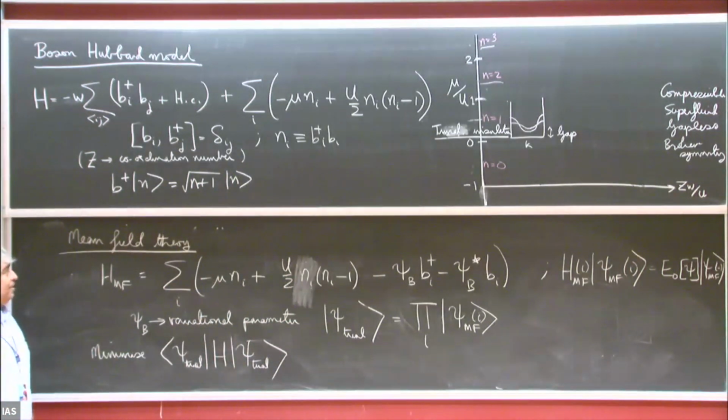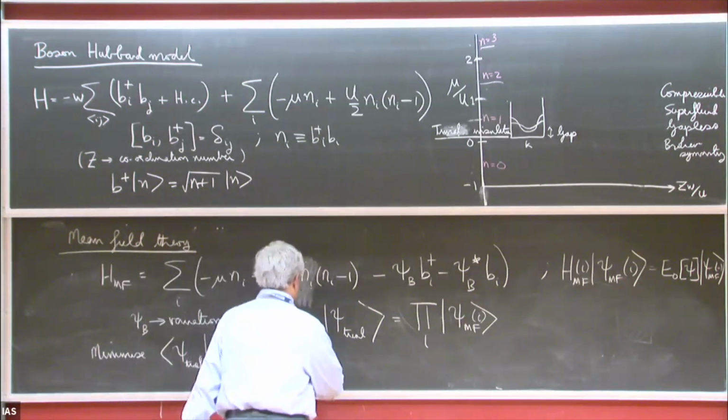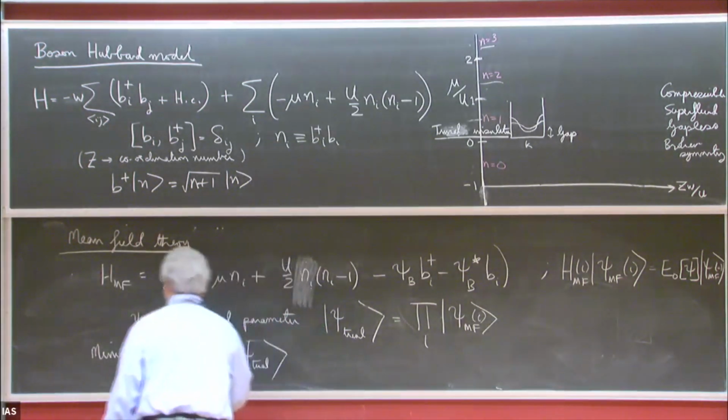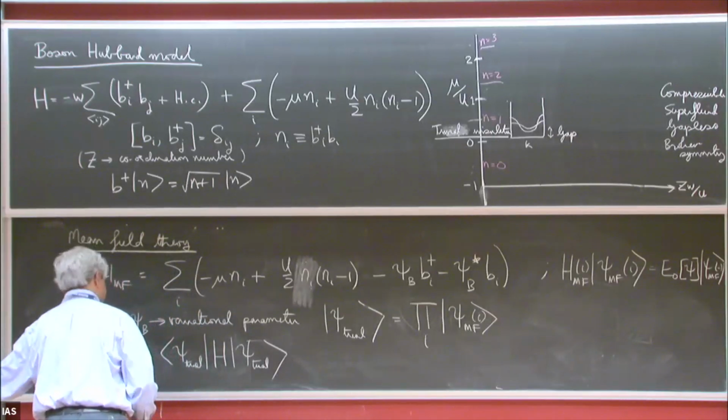All right, so this is what you have to do, to figure out the best value of psi. Now that's hard to do in general, so what we're going to do is something simpler. We're going to expand in powers of psi, which turns out to be quite sufficient.